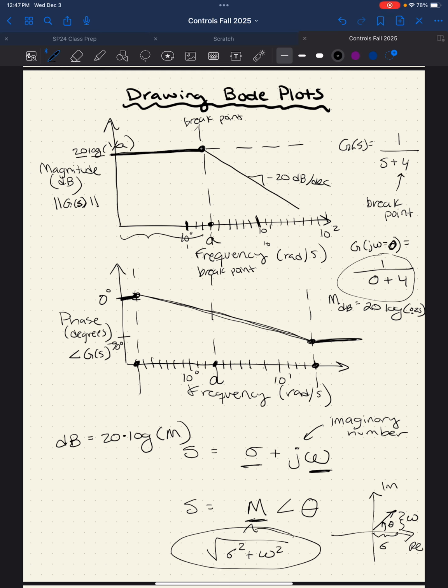And that slope is going to be minus 45 degrees per decade. And that's a constant that you will always have for a single pole. You can convince yourself of that, because you know that you're going down by 90 degrees over 2 decades. That makes sense.